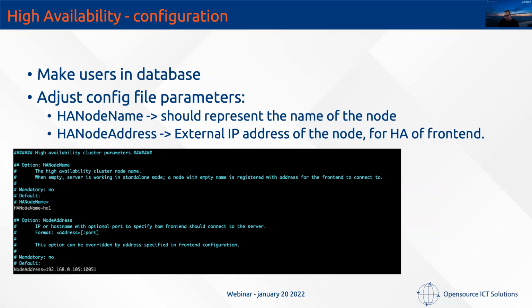Then in the Zabbix server config, you edit 2 parameters: HANodeName, which is the name of your node, and HANodeAddress, the external IP address of the node, which is actually used for high availability of the front end. So then you can log into the front end of either IP address, and the front end will figure out which server to talk to. Suddenly the front end is highly available as well. 2 lines of configuration, a few minor adjustments in the database, and it just works.